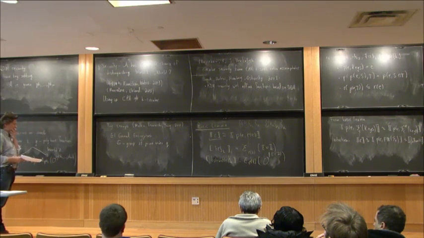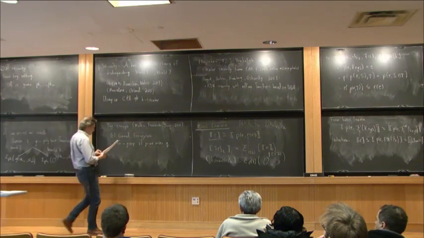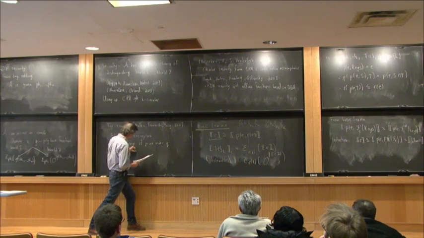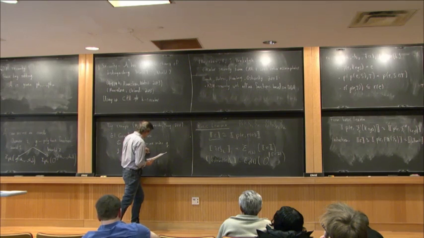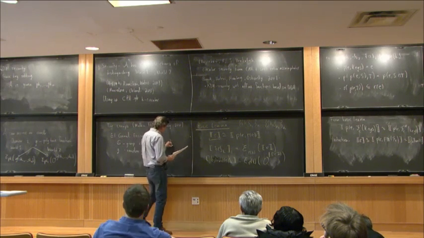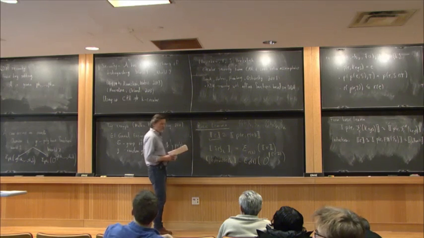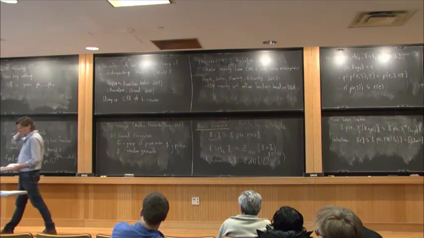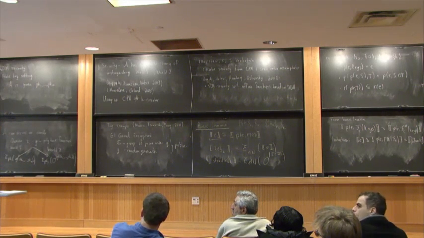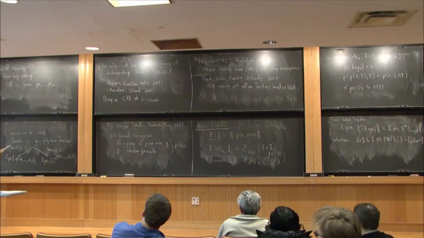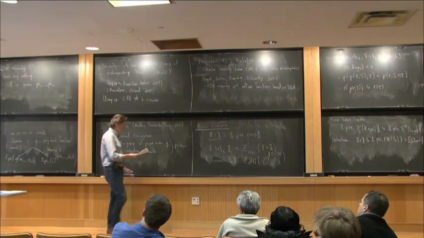The group is going to have prime order, and we're going to let G be a random generator of the group. It's cyclic, generated by G. The group and the generator of the group are known publicly.